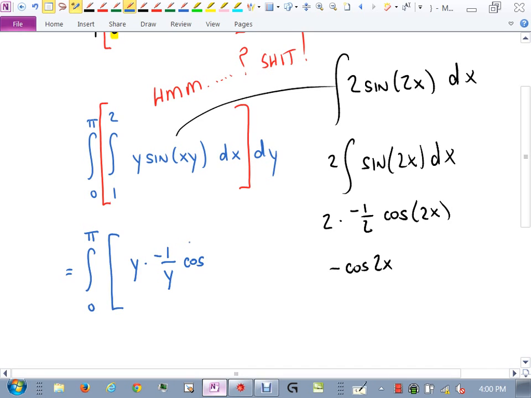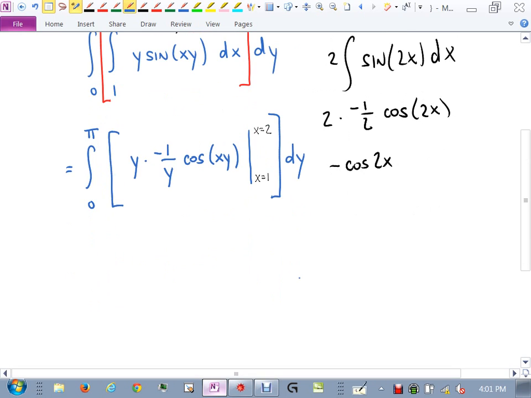And the negative came from the cosine, the antiderivative of a sine. Agree? And then we evaluate that from what to what? X is 1 to 2. And then dy is still on the outside. I'm going to cancel out those y's.